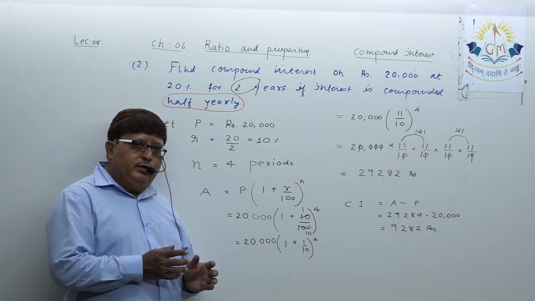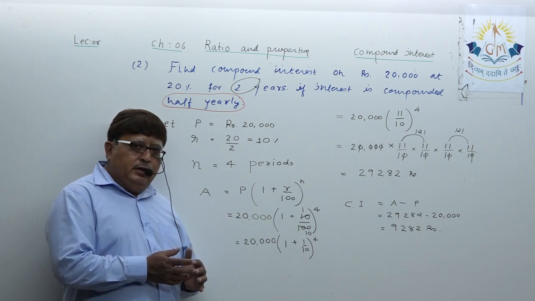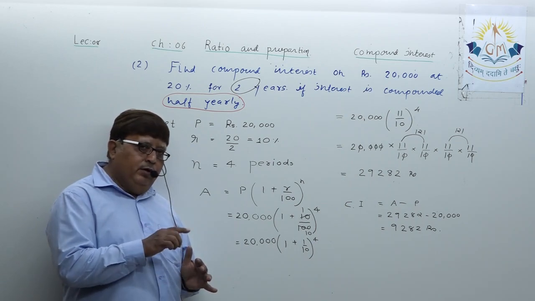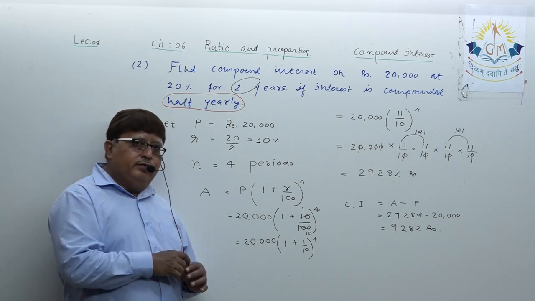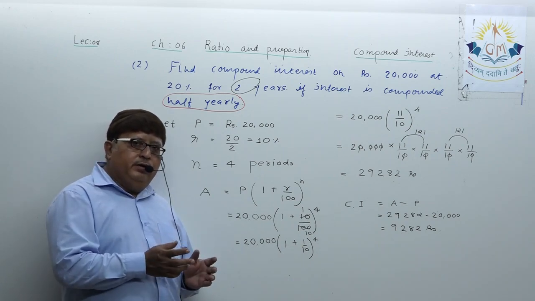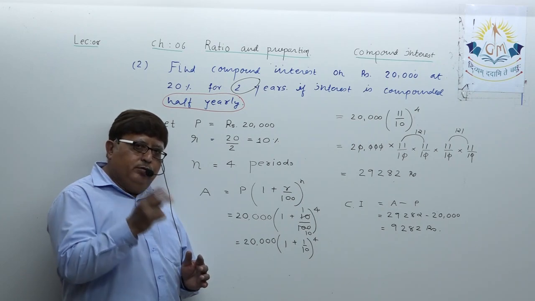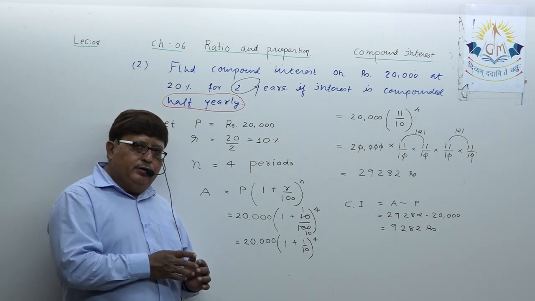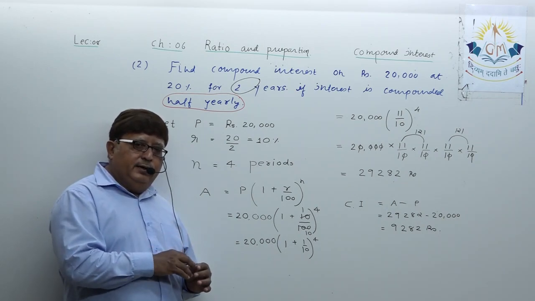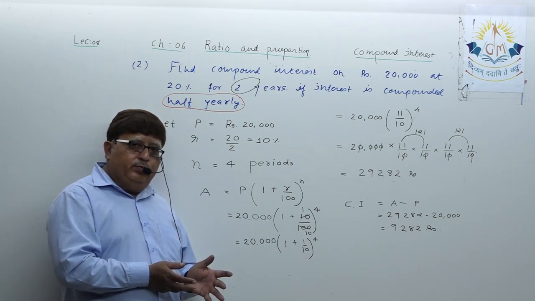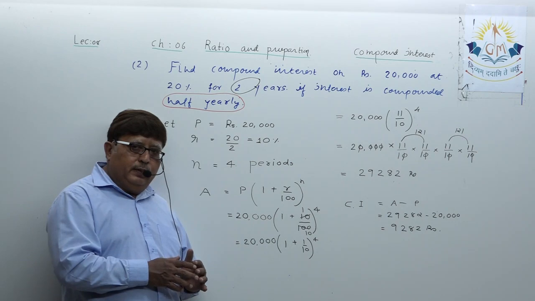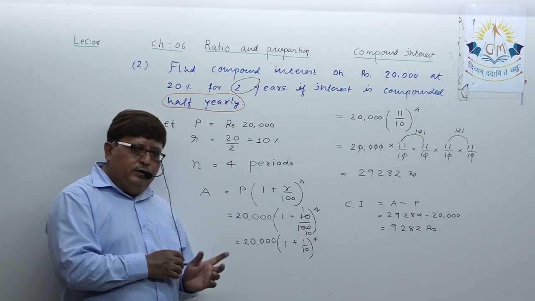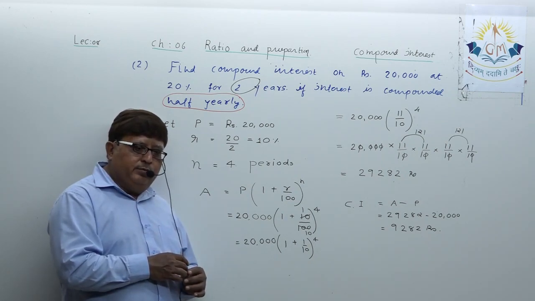That is to be represented by counting how many periods of half year are involved in the given tenure of time. Understand? If given tenure is 1 year, 2 periods; 1.5 years, 3 periods; 2 years, 4 periods; 2.5 years includes 5 periods of half year. This is the way you need to concentrate and solve such type of examples.